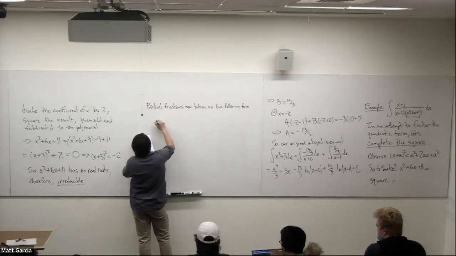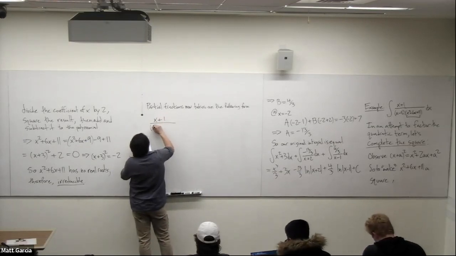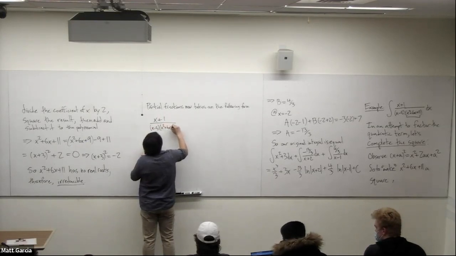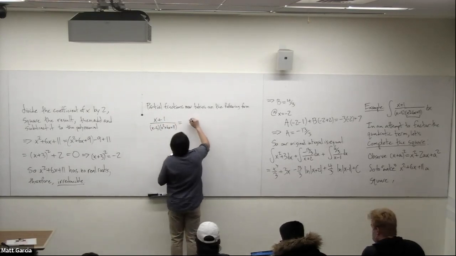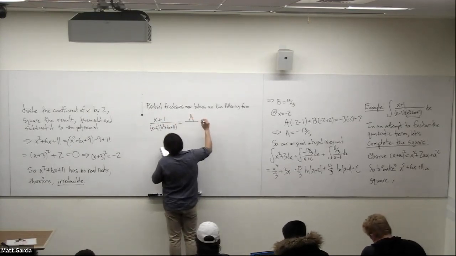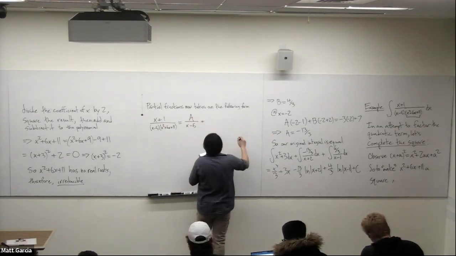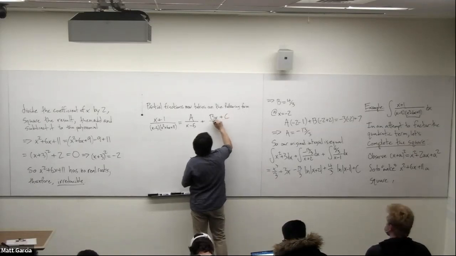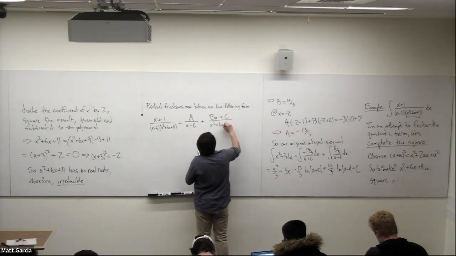We have our original expression, (x + 1) over (x minus 5 times x squared plus 6x plus 11), which will now be equal to A over our linear term, x minus 5, plus Bx plus C divided by our irreducible quadratic term.